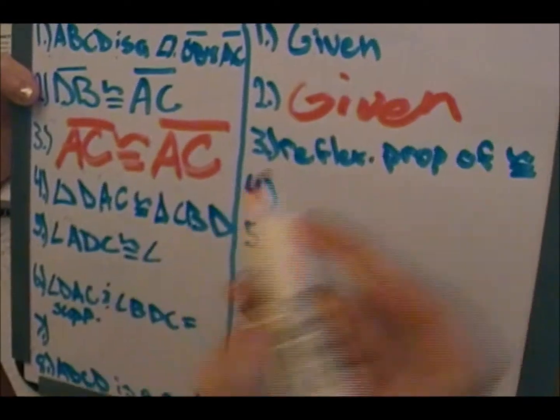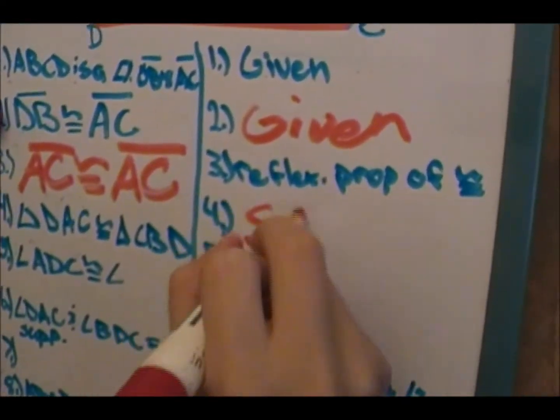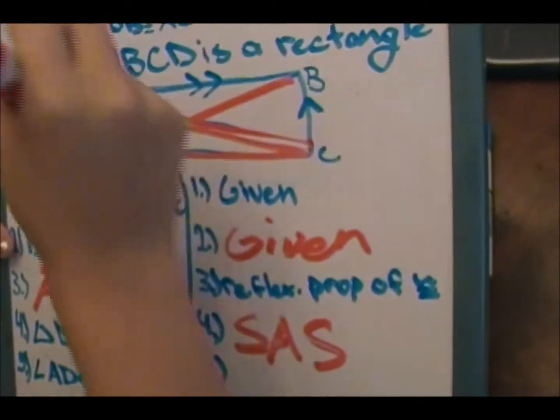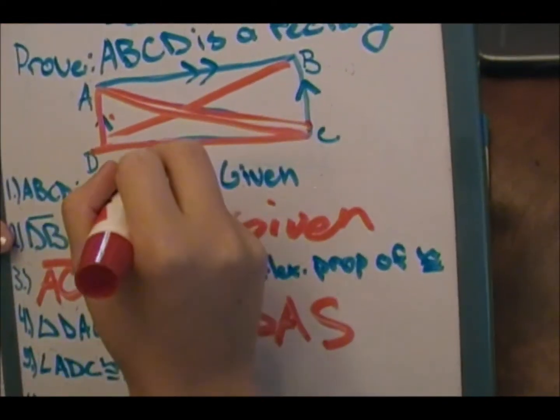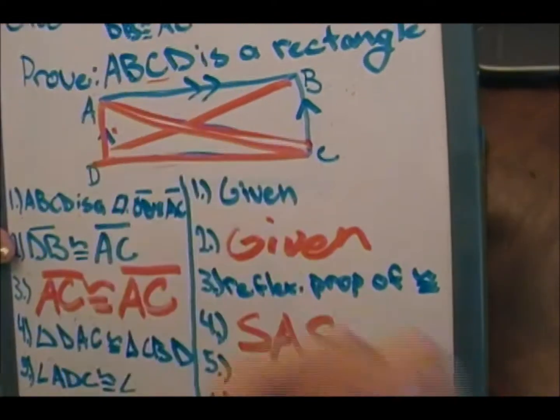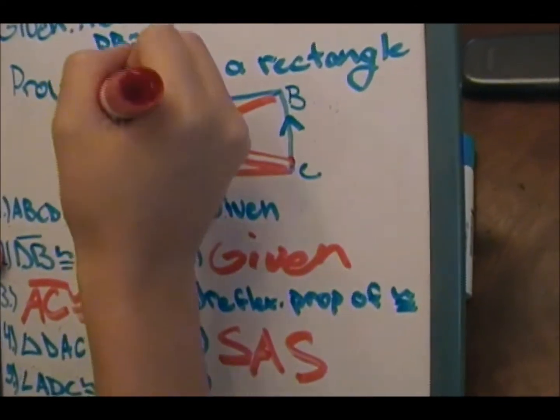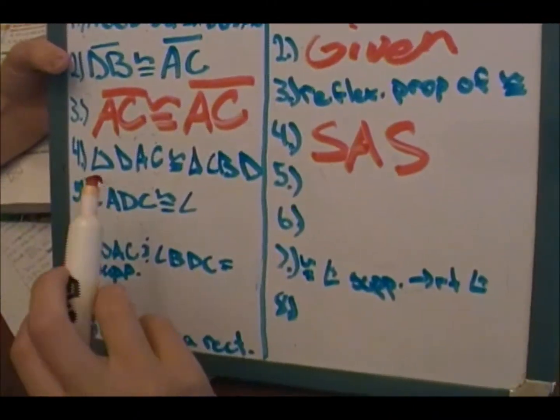So that equals SAS, because we know this line is congruent to this line, and we know this angle is congruent to this angle. So that equals SAS.